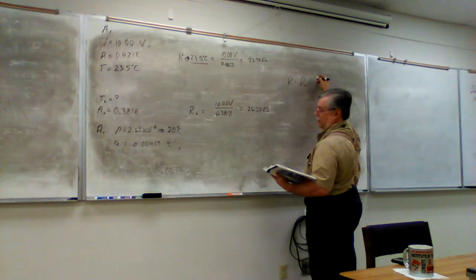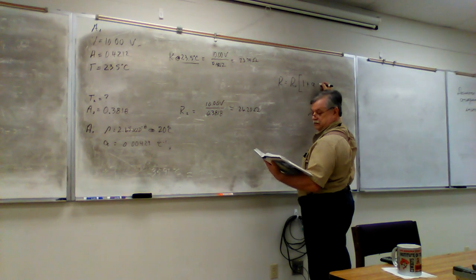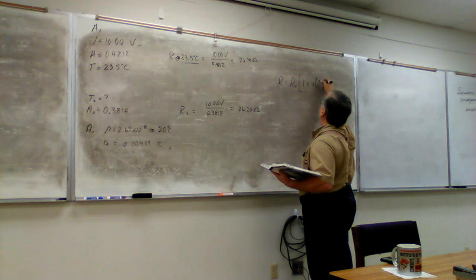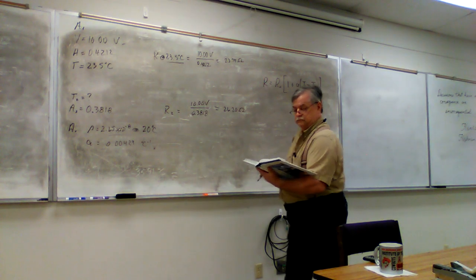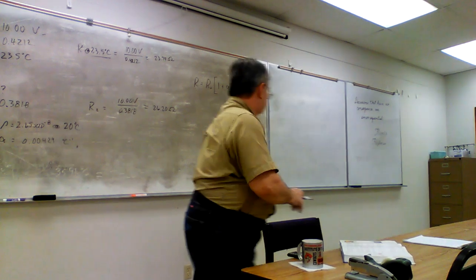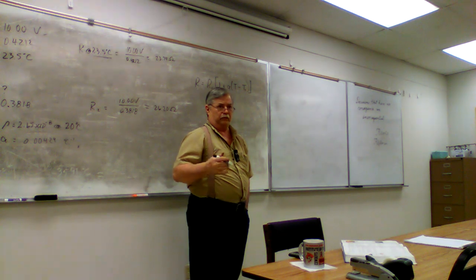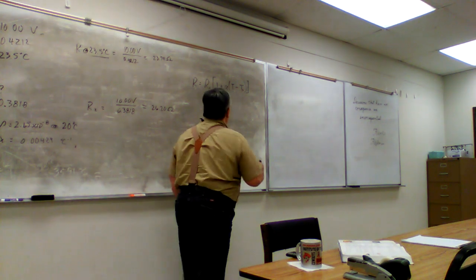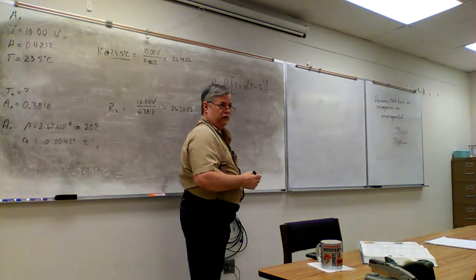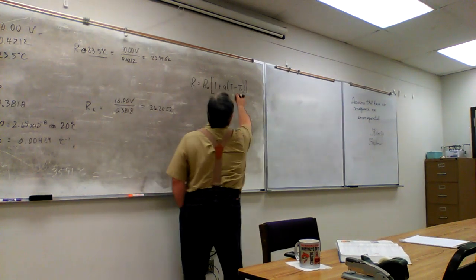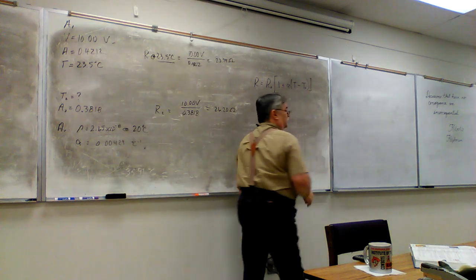So we've got R naught times 1 plus alpha times T minus T naught. T minus T naught is simply your change in temperature, delta T. So this equation says that for this much change in temperature, in degrees C, it's going to change your resistance by this much per degree C.